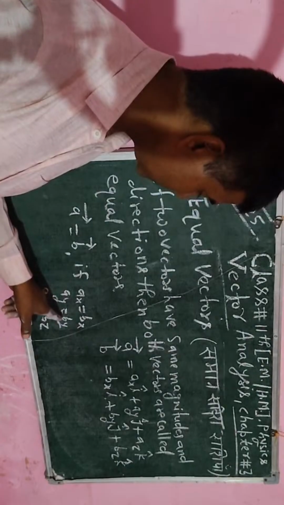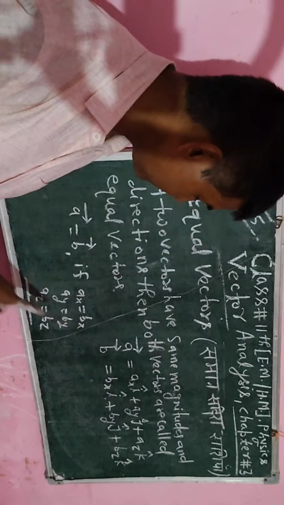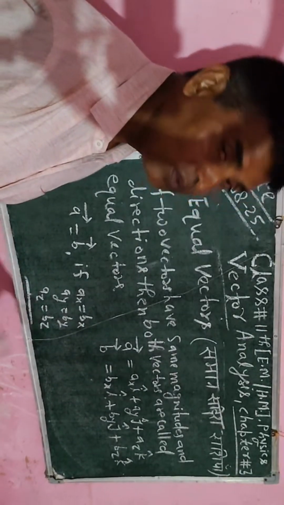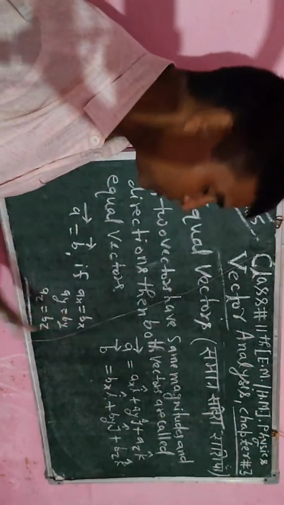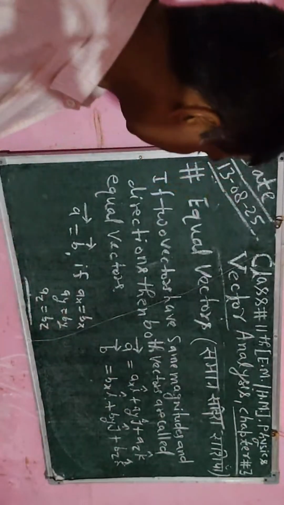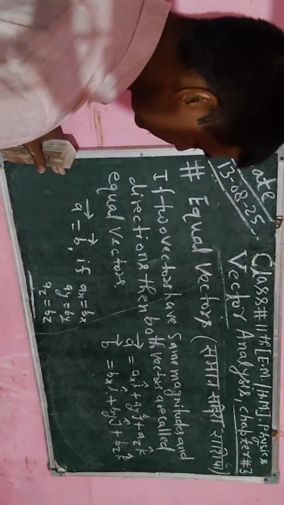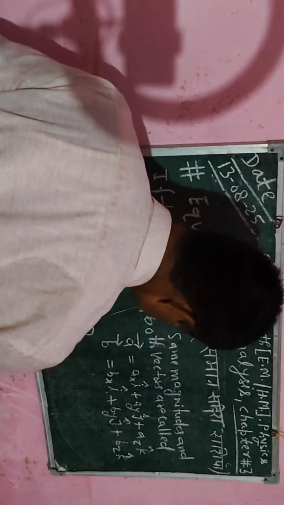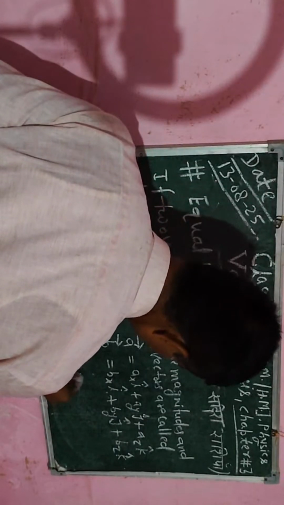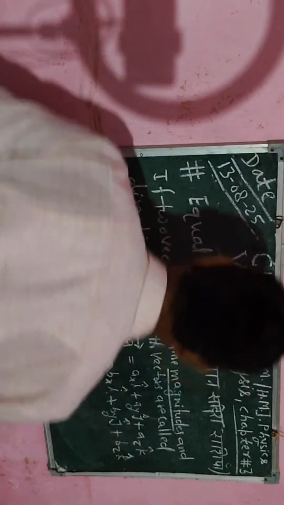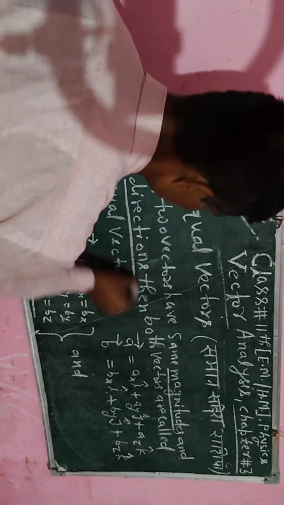Similarly ay will be equal to by, and az equal to bz. If this condition holds, I will say both vectors are equal, and because there are two conditions, one condition is magnitude and the other condition is direction.